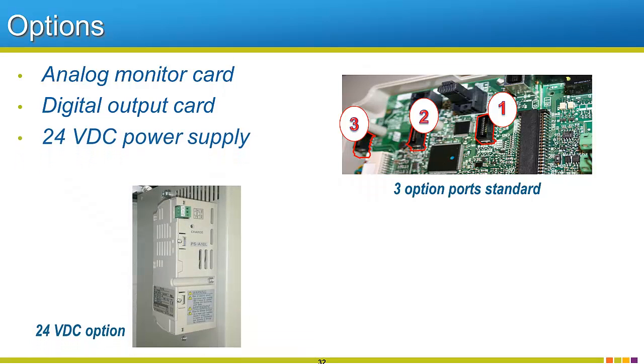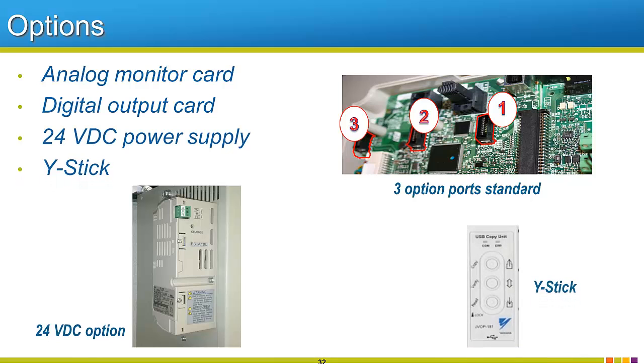The 24-volt control power unit option provides board-level component voltages for the D1000 when an external 24-volt supply is present. The Y-Stick is Yaskawa's USB copy unit. This device can be used as a USB pass-through to connect the unit to a computer, or can be used to read, copy, and verify a parameter set.